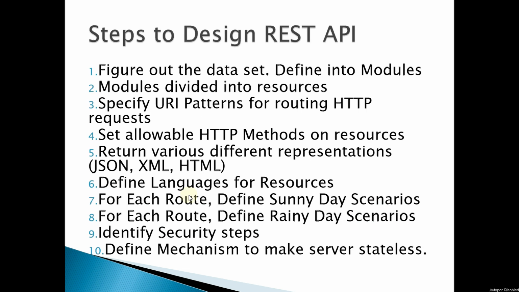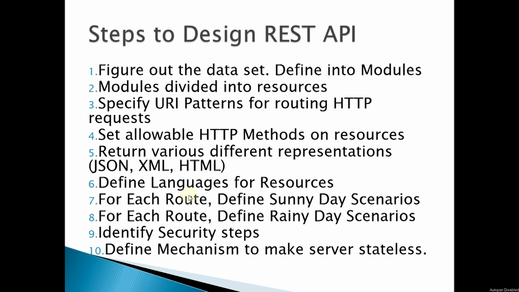So what are the steps needed to create a REST API? First, we will figure out a dataset. We will divide that dataset into different modules, and each module will contain the resources that will be provided to the end user or some client.